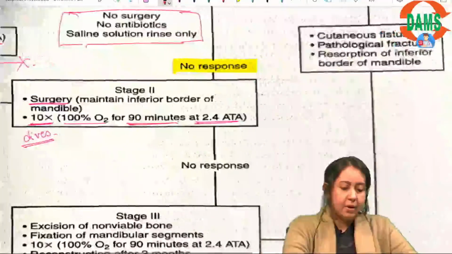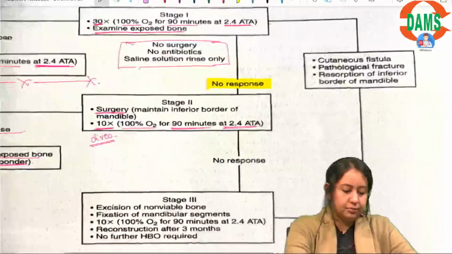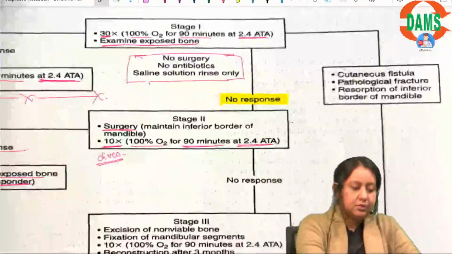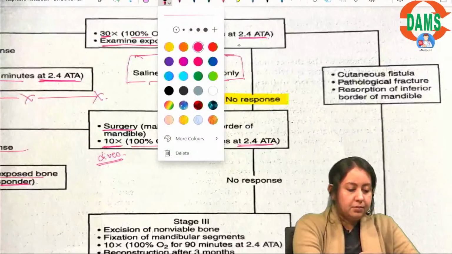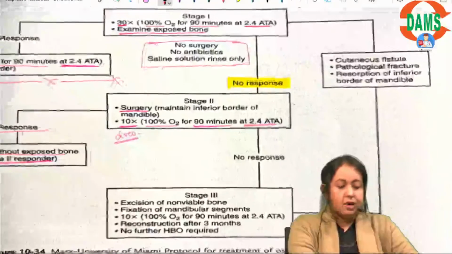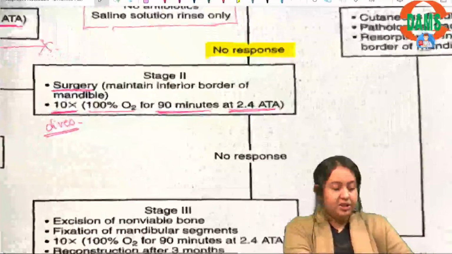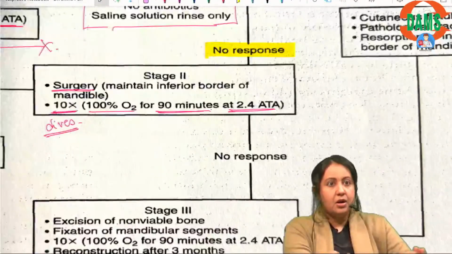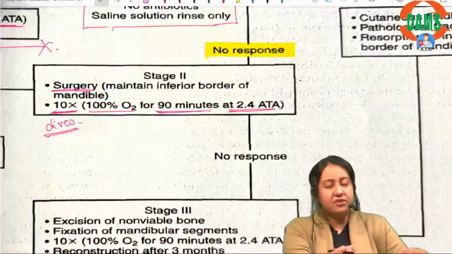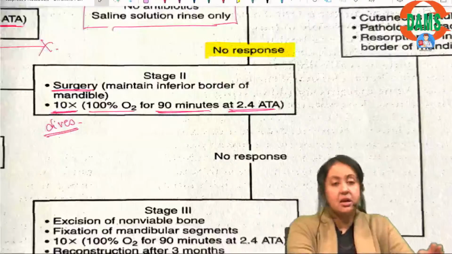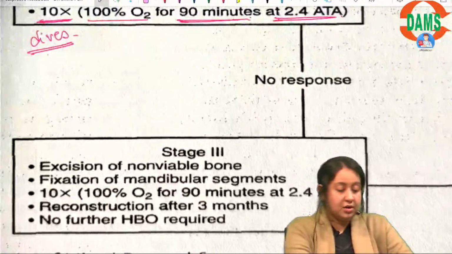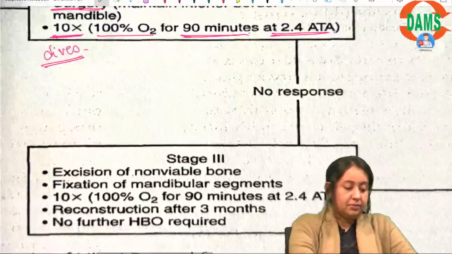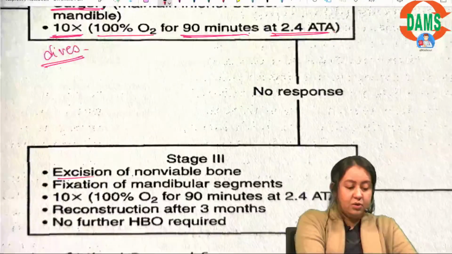Now, after stage 2, even if the patient has undergone surgery and 10 sessions of HBO therapy after surgery, there is still no response, then you have to do the complete excision.